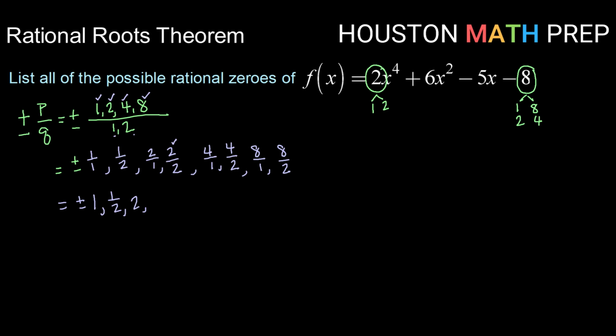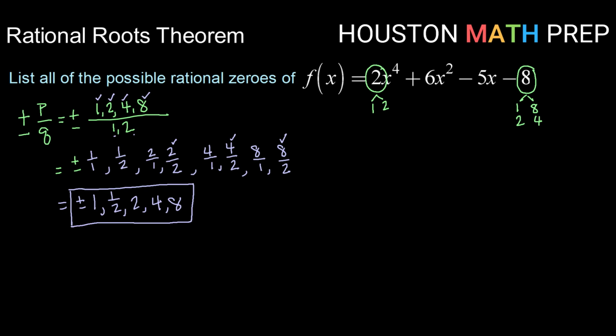I'll just drop that one off. 4 over 1 is 4. 4 over 2, well, that's 2, but I already have that in my list, so that one's taken care of. 8 over 1 is 8, and 8 over 2 is 4, but again, I already have that one in my list. So there's my list of all possible rational zeros.